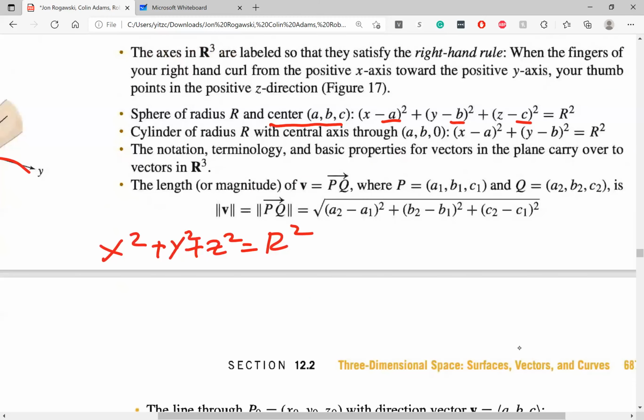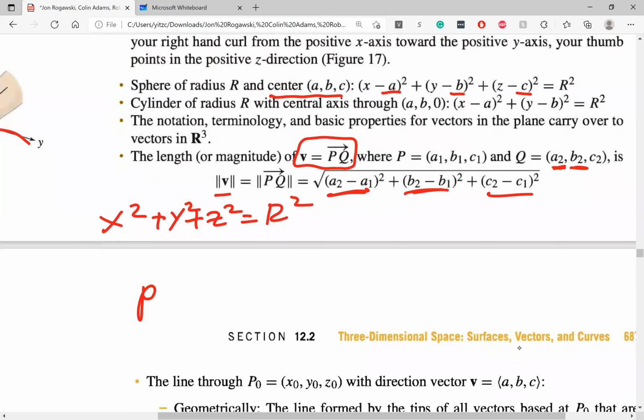Okay, we use the same notation to talk about vectors in R3 as we did in R2. And if you want to find the vector going from P to Q, you just take the square root and then you do again, you subtract the components. The second component, the component of q, a2 minus a1 squared, b2 minus b1 squared, and c2 minus c1 squared, and you take the square root, that's the Pythagorean theorem, and that will give you your length.